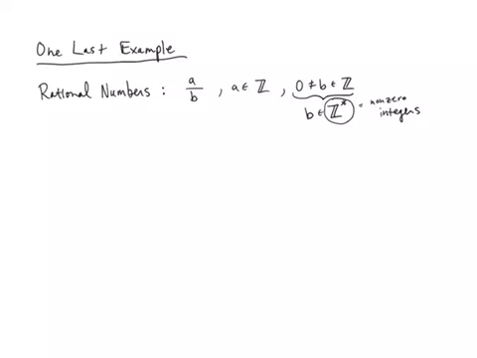It just means remove zero from that set. Okay, so in the rational numbers, we know we have certain equalities. So for example, 1/2 is equal to 2/4, and it's also equal to 3/6, and it's also equal to 5/10, etc.